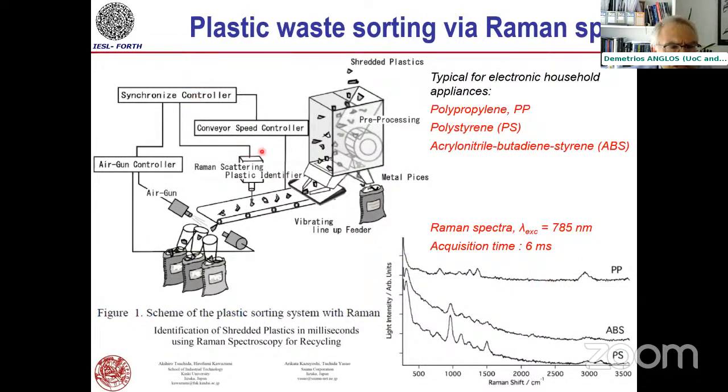So through the control unit, very quickly, as the conveyor belt carries over the pieces and the Raman spectra are collected, we can identify those pieces and then give a command to an air gun or another unit and separate different pieces of plastic. So not only do they do recycling, but they actually sort the different waste so that it can be distributed accordingly.